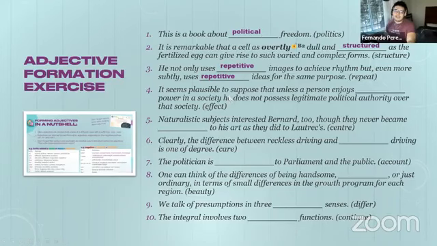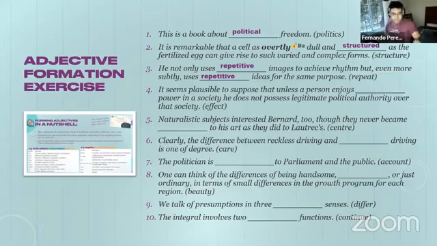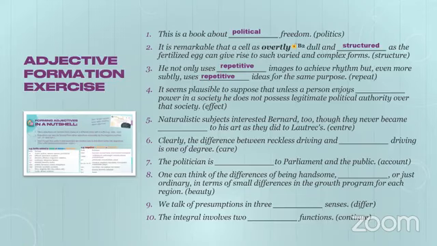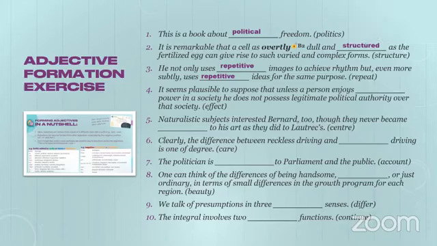Let's go to number 4. It seems plausible to suppose that unless a person enjoys effective power in a society, he does not possess, I don't know how to say that word, legitimate.